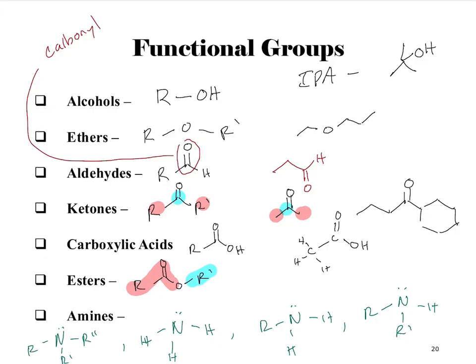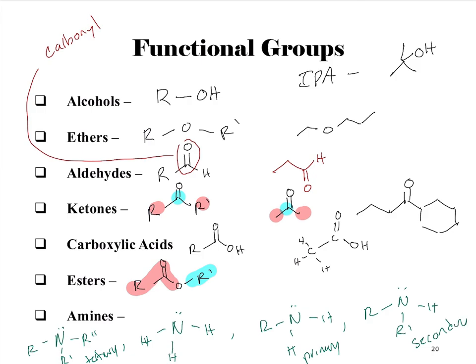We can have a number of different types of amines. Amines just have a nitrogen group there, and the degree of the amine is just determined by the number of carbon groups that are bonded to this. Right, so this is a tertiary amine. This is, we don't even classify that amine. This is a primary amine, and this is a secondary amine.